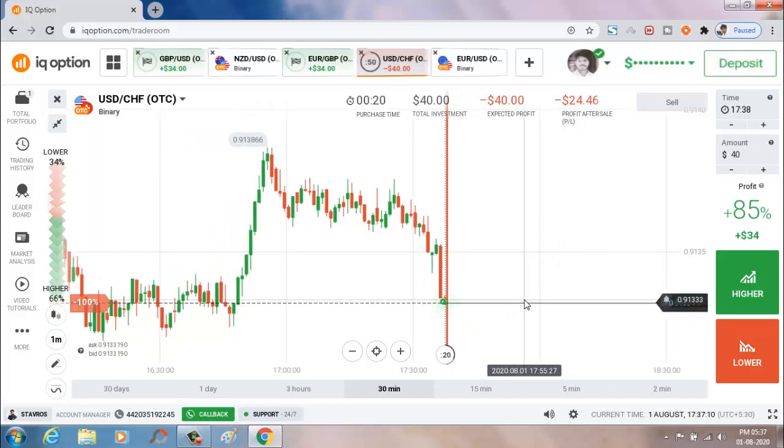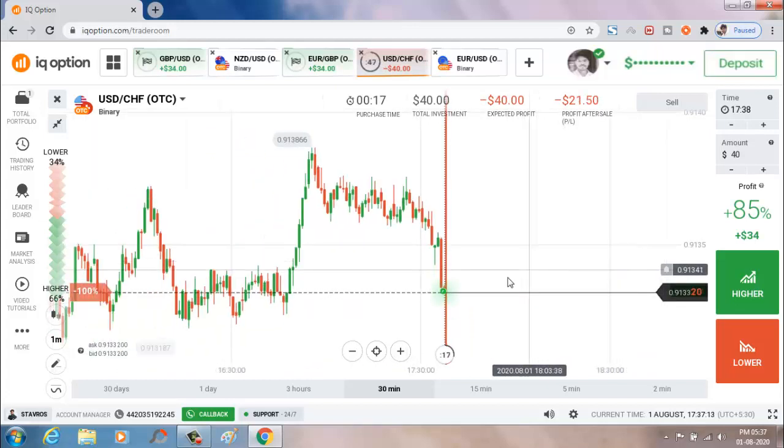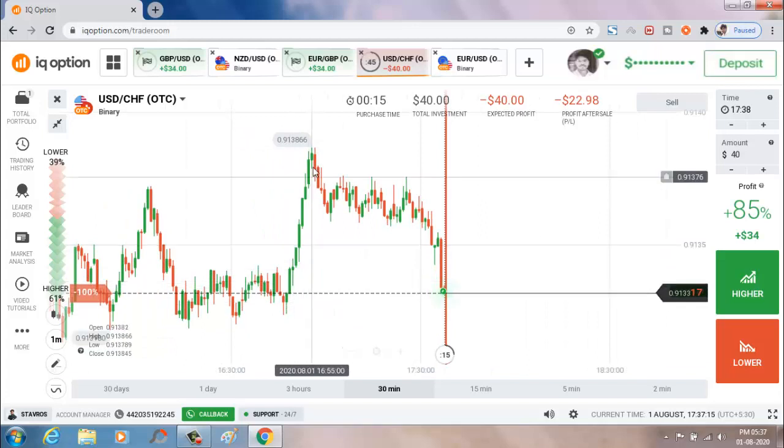confirmly makes retracement candles. Okay, this is a strong buyers area.